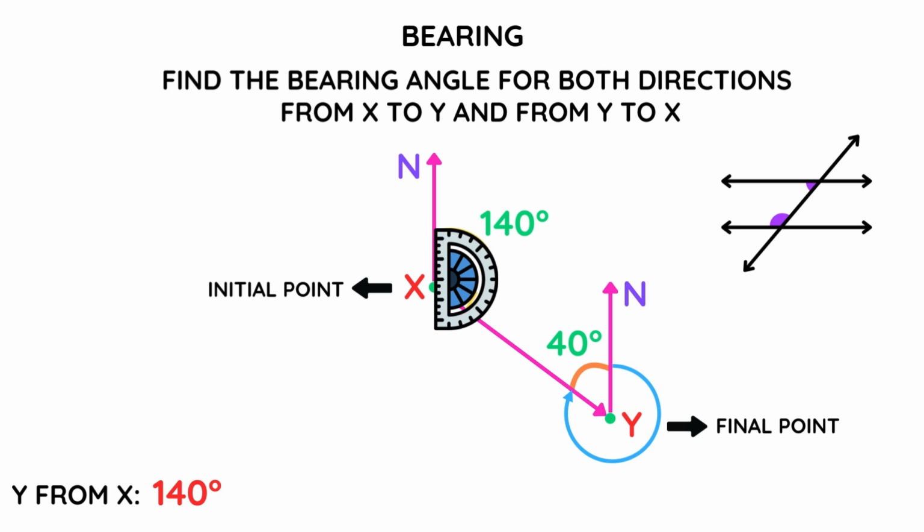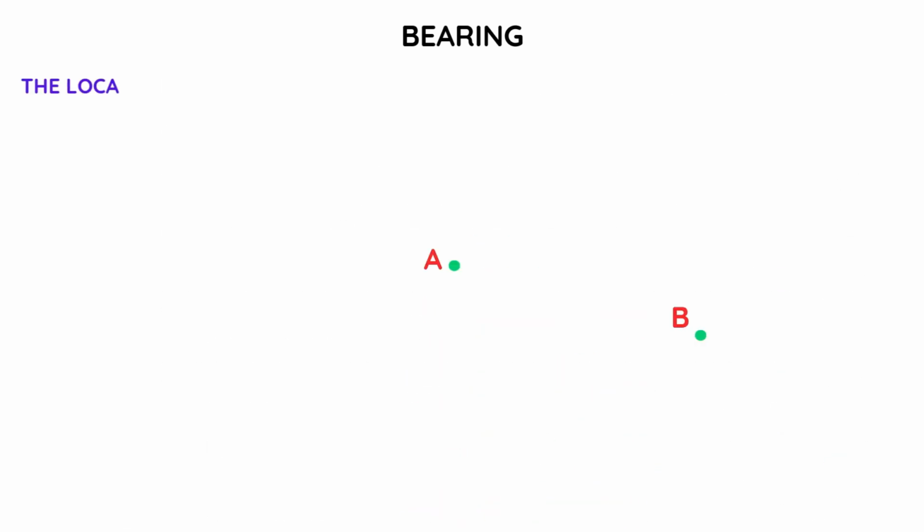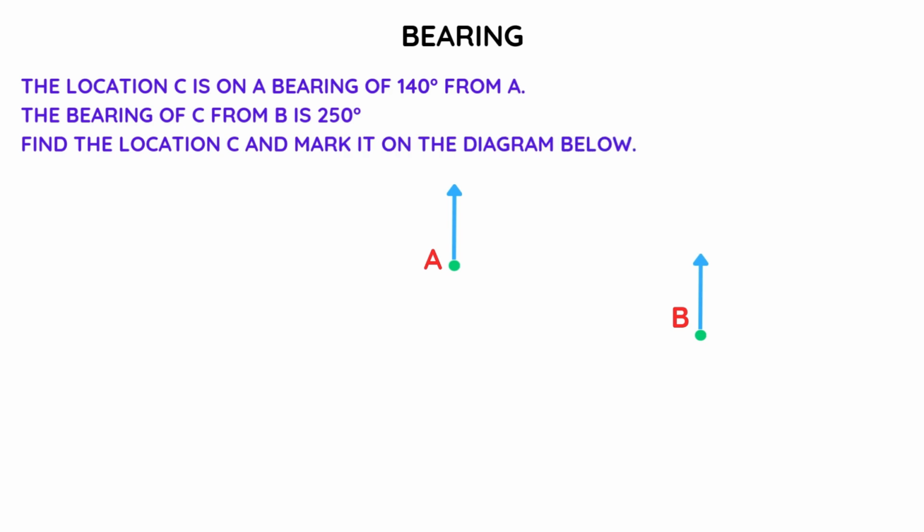Now, let's move on to a more challenging question that might come up in your exam. You can pause the video here and try solving it yourself first. As you have read, this question is divided into 2 parts, and we need to determine the location of C. We are given the bearings of C from both A and B, and we need to draw these bearings one by one.